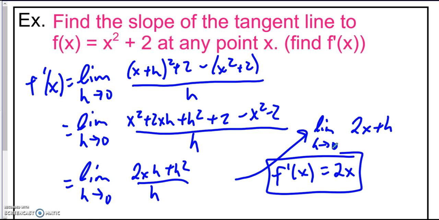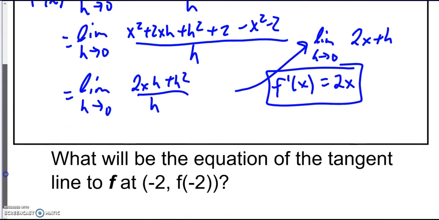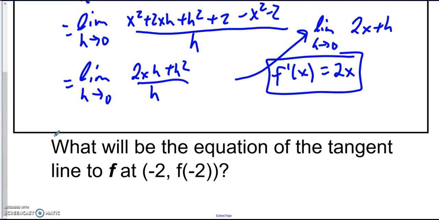Okay, so let's go one step further with this. Again, what is this 2x representing? Well, we want to know what the equation of the tangent line to f would be at negative 2, f of negative 2. If you recall, we have point-slope form here. So we need to find slope first and foremost. The derivative tells us the slope at any point along that graph.